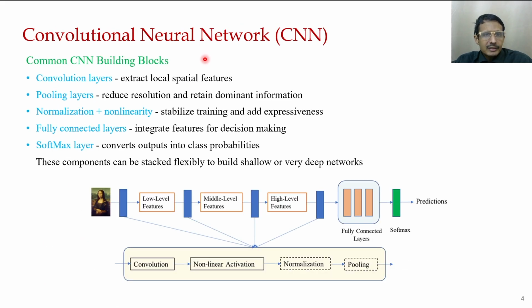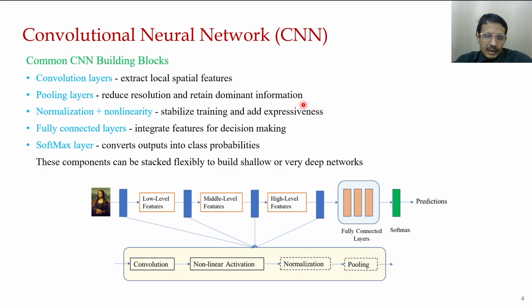First, let us understand the very basic building blocks of the CNN, in a general structure. There are convolution layers used to extract the local spatial features. Then another important aspect is pooling layers, which are used for reducing the resolution and retaining the dominant or most important information.